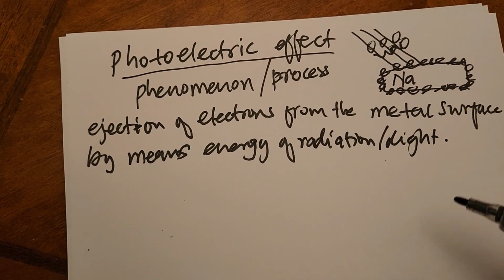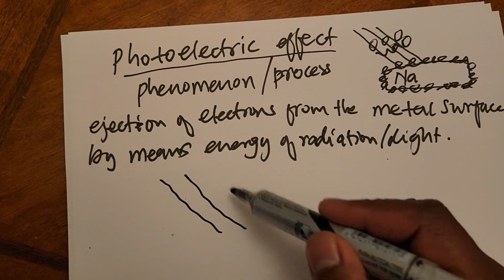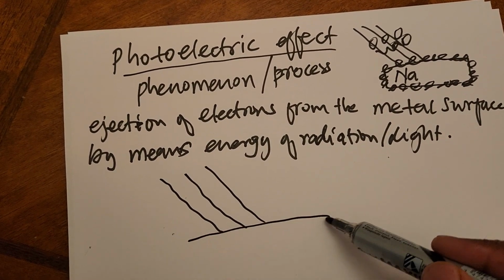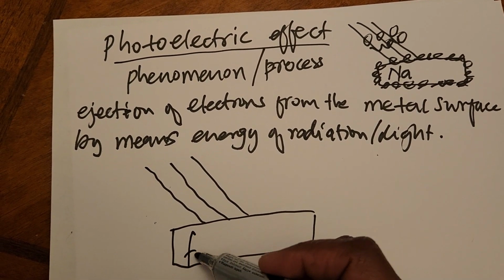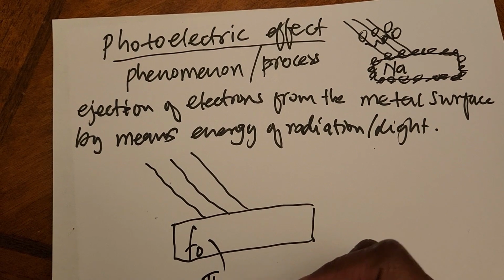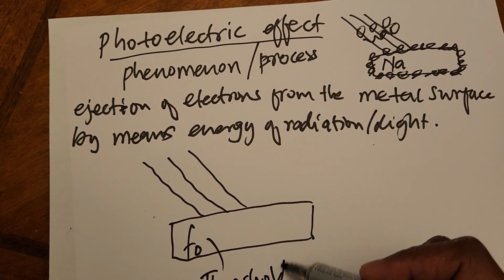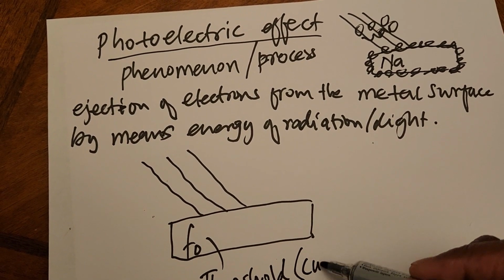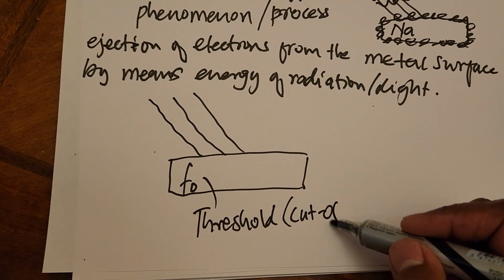Meaning that in this one we will be learning that when light is incident on a metal, the metal is vibrating at its own natural frequency. This frequency is said to be the threshold frequency, or cutoff. In some books they talk about cutoff frequency.